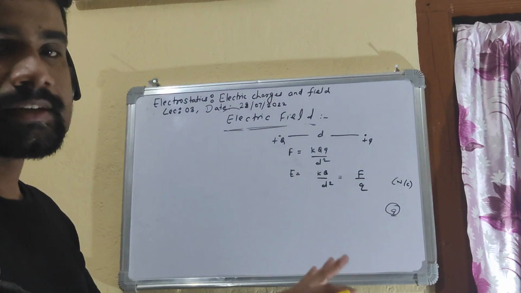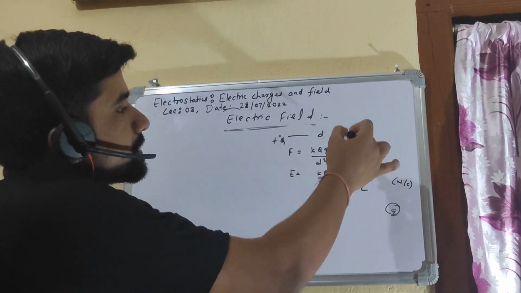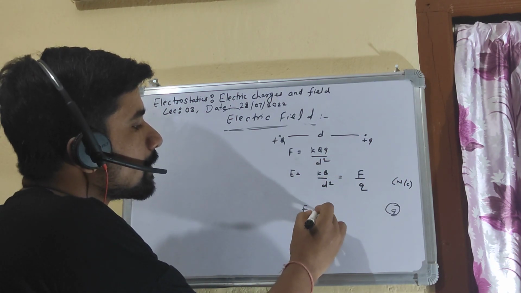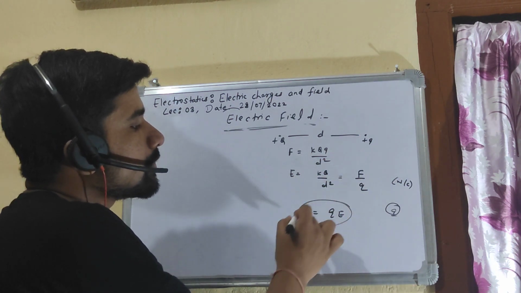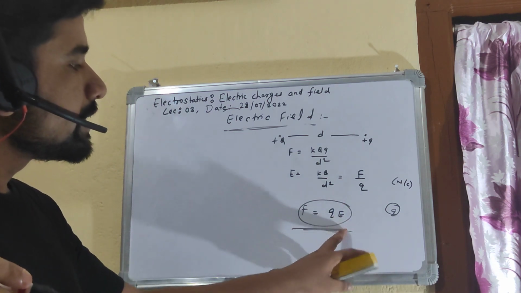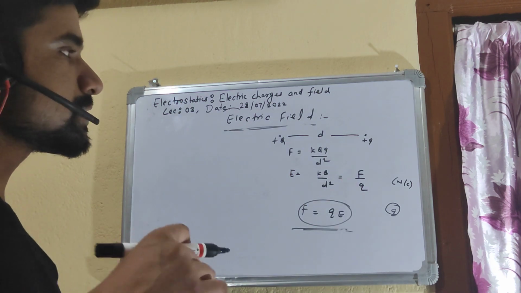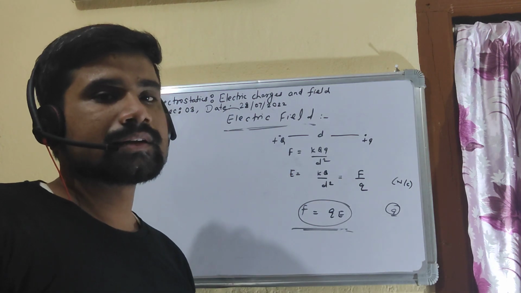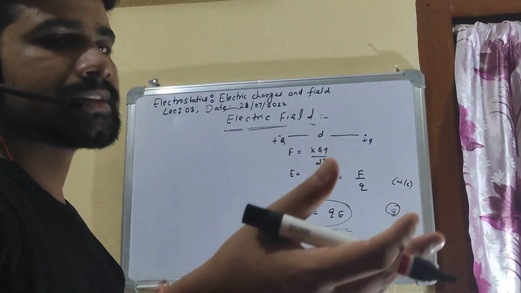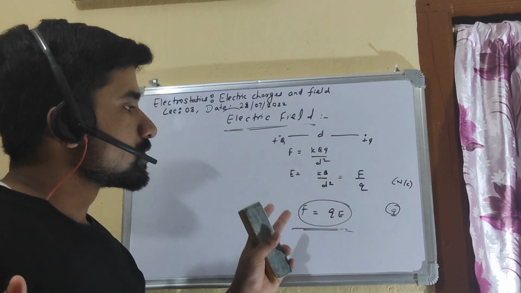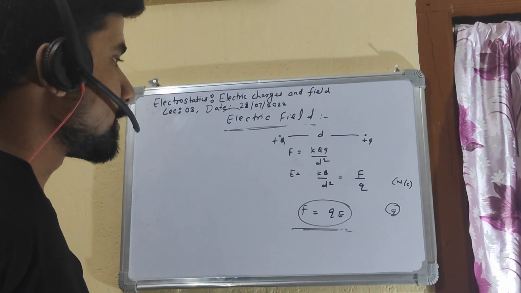So field is a general quantity. We can place any charge and calculate force by multiplying the field with the charge. So E is not dependent on small q, but force is dependent on q. This is the significance of electric field, that it does not depend on the value of the destination charge or test charge. So it is defined in that particular way.